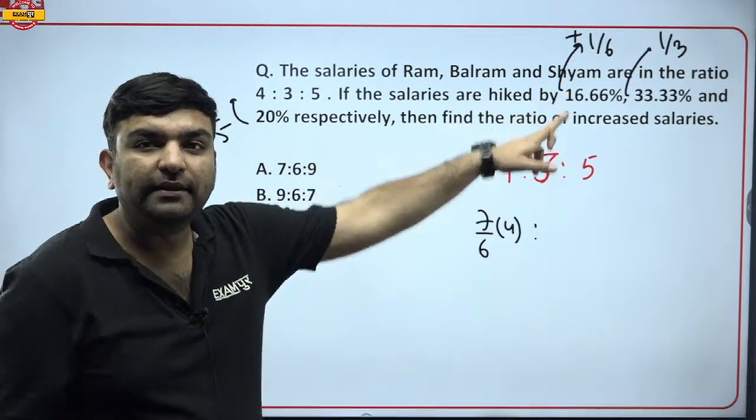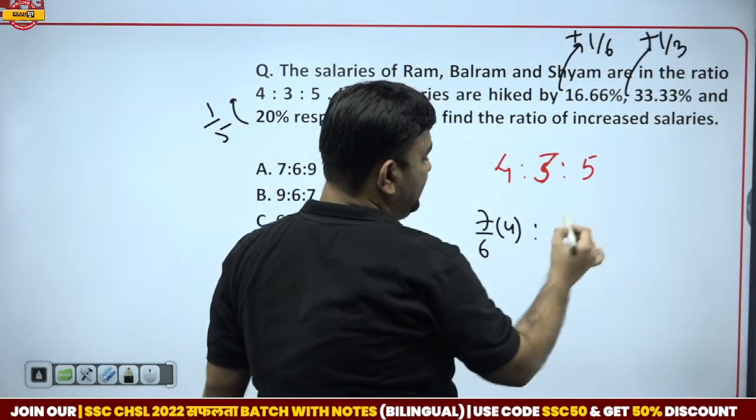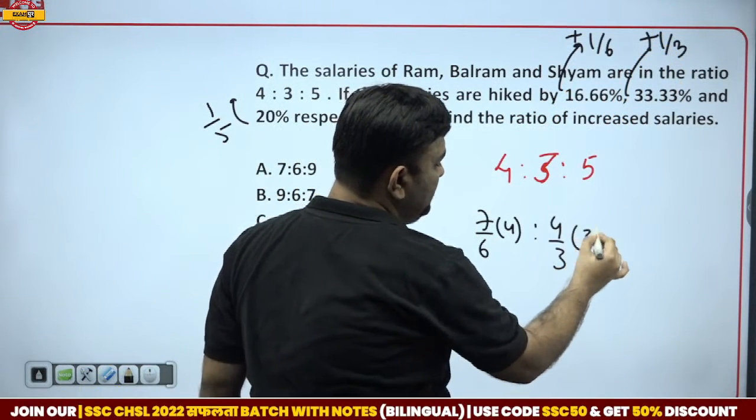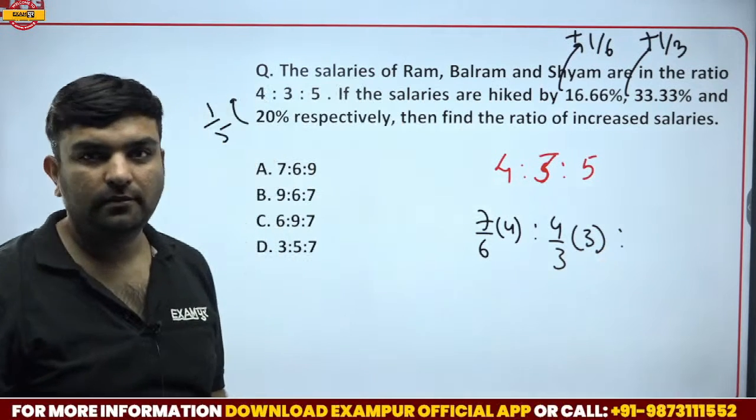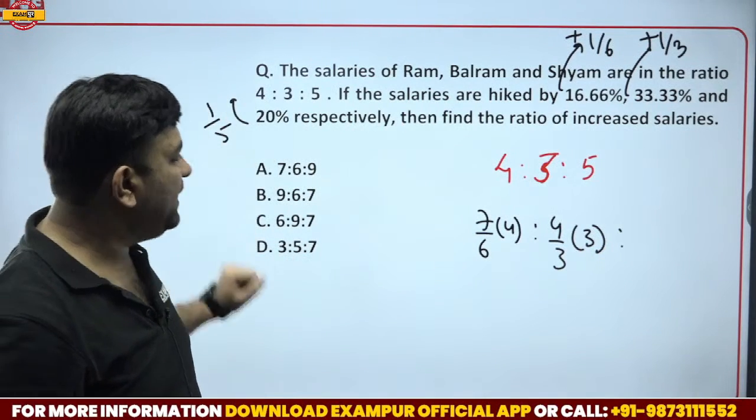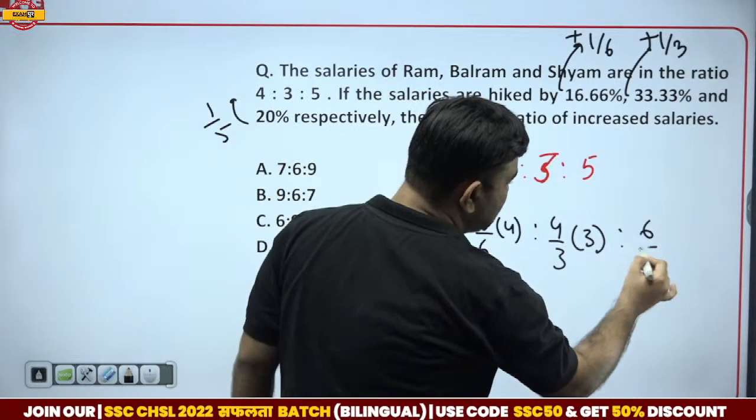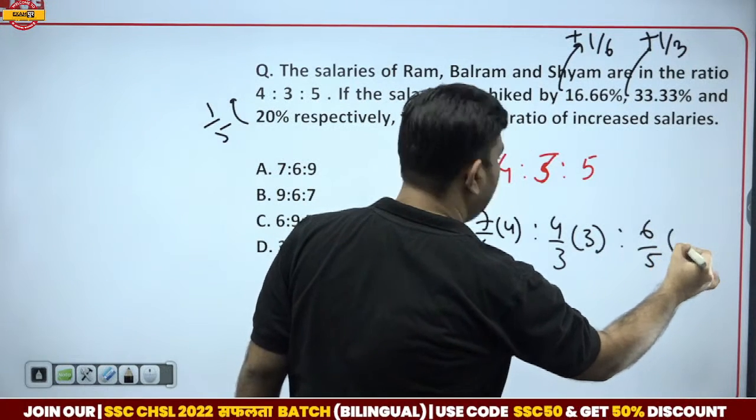Hiked by 1 by 3, it has become 4 by 3 of the previous value. Hiked by 1 by 5, it has become 6 by 5 of the previous value.